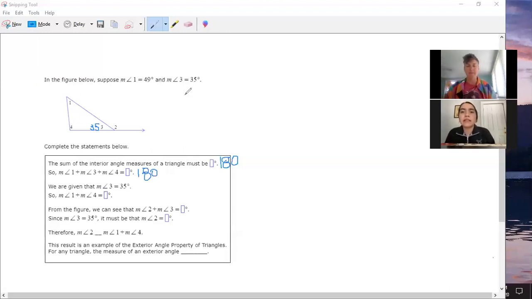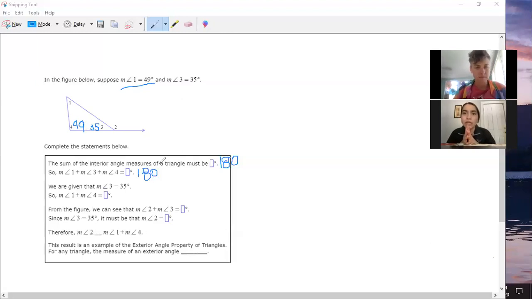I'm going to say, since we're given the angle measure, our question says, the measure of angle 1 plus the measure of angle 4 is equal to something. The way that I would go about solving this is going back up to our information, where we're also given the angle measure for angle 1.